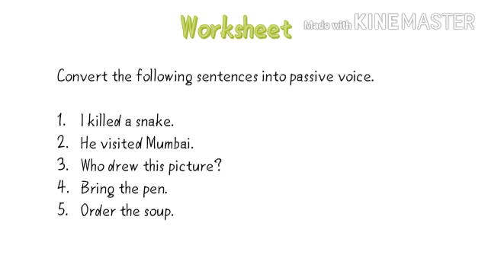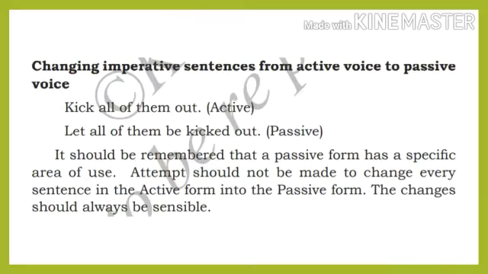Something you need to keep in mind is this: in the fourth and fifth ones, which are imperative sentences, you may not find two nouns or two pronouns, or one noun and one pronoun present.